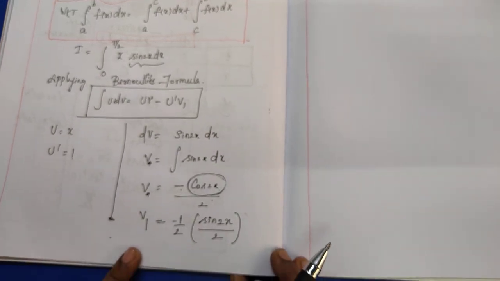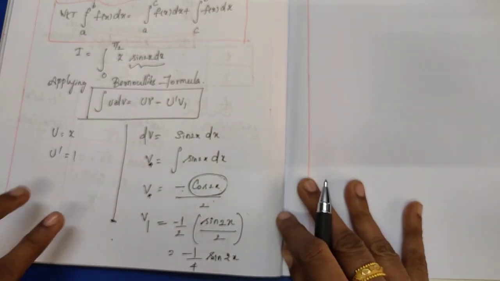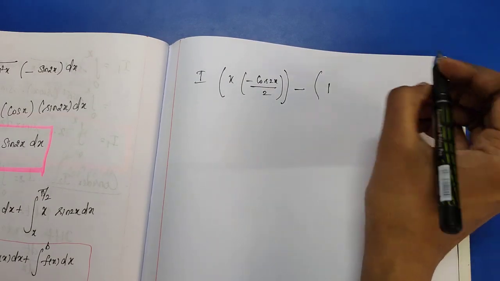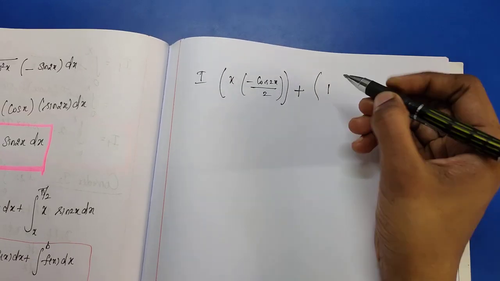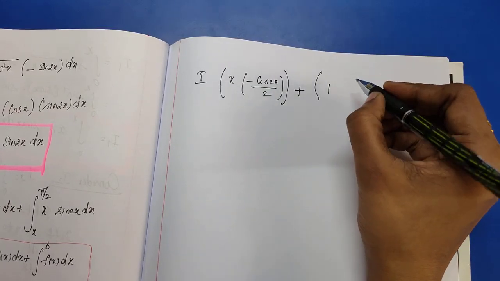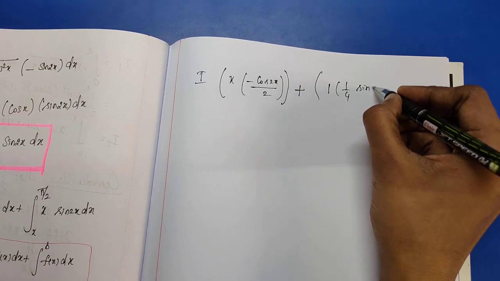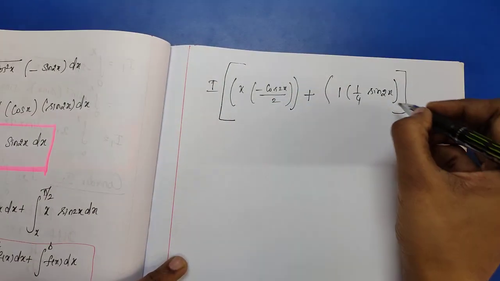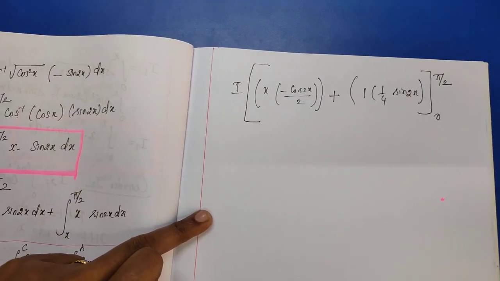That is equal to minus 1 by 4 sin 2x. So in u dash v1, our v1 is minus 1 by 4 sin 2x, therefore this minus becomes plus 1 by 4 sin 2x. The limit is over 0 to pi by 2.